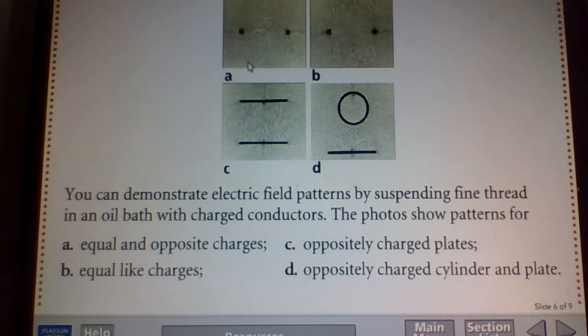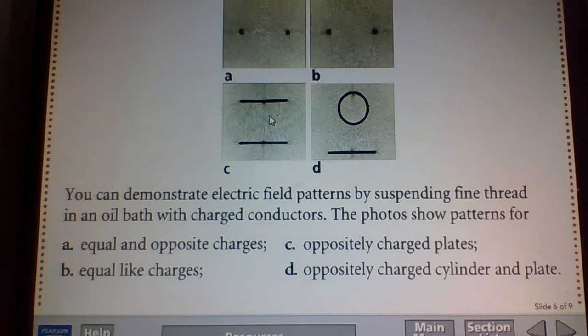These little gray bits, black on the gray, or white, whatever it looks like to you, are lining up in that field that we saw a page or so back. Here, what we see is two equal and same charges. And so there's this wall in between them where these little gray bits are trying to avoid each other because of the repulsion.